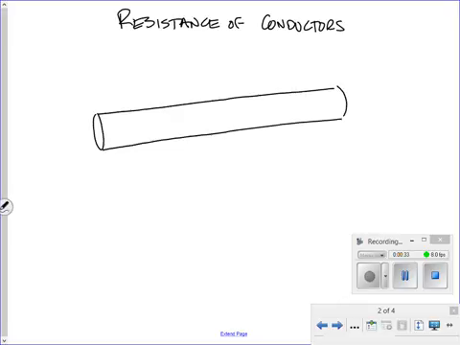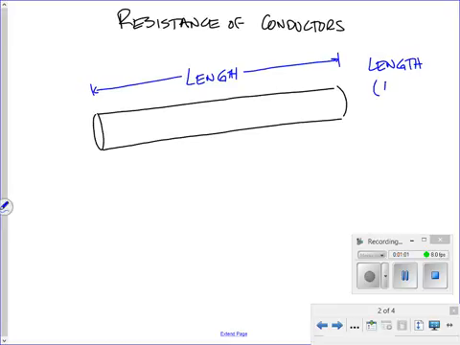a wire, a nice cylindrical wire. This wire has some measurable characteristics, quantities that affect its resistance, and one of them is how long it is. Length L, measured in meters.